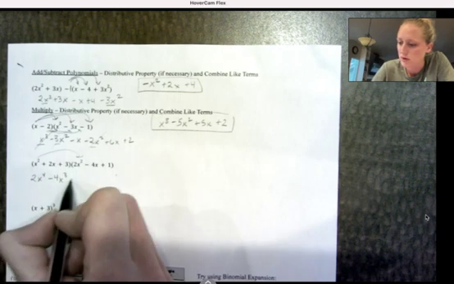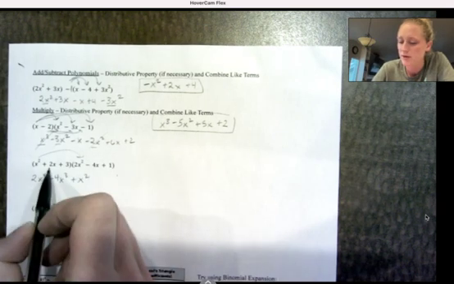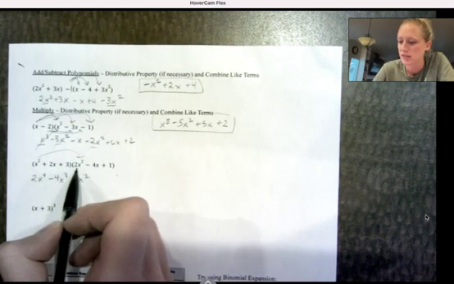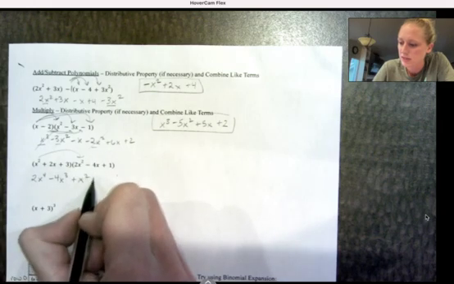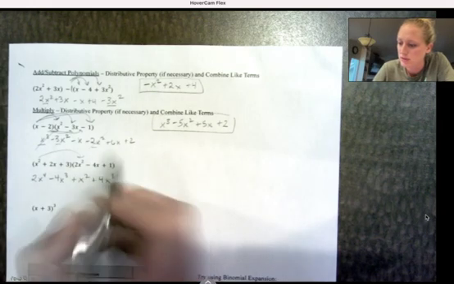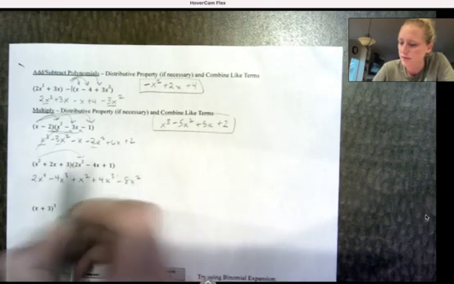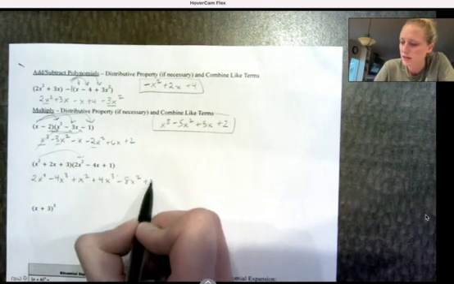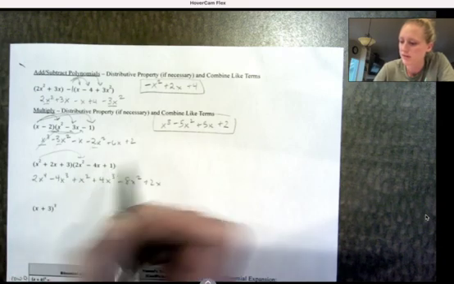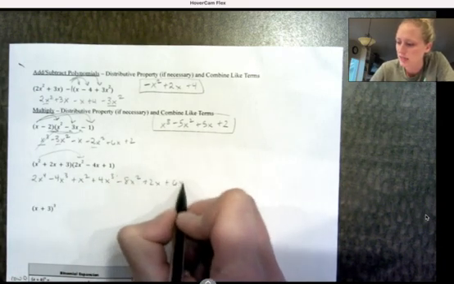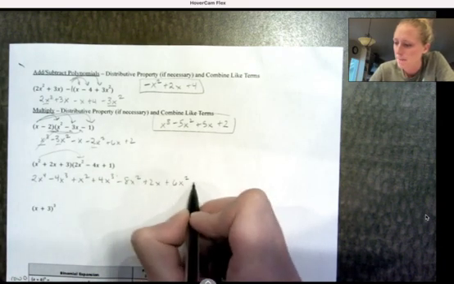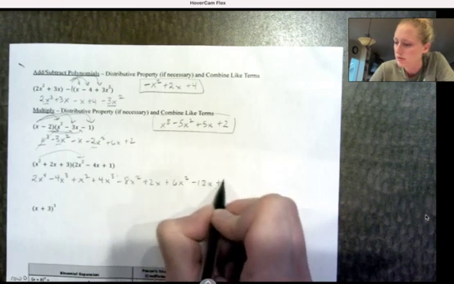X squared times 1. Now I'm on to the 2x, so 2x times 2x squared is 4x cubed. 2x times -4x, -8x squared. 2x times 1 is 2x. Now 3 times everything is 6x squared minus 12x plus 3.